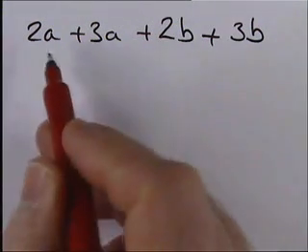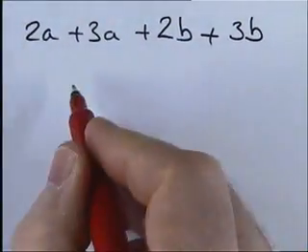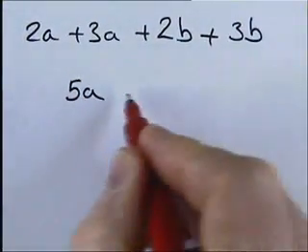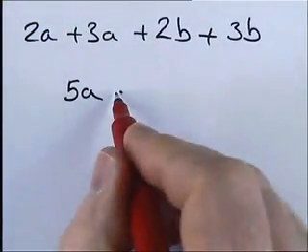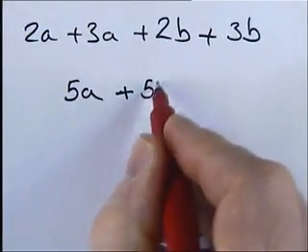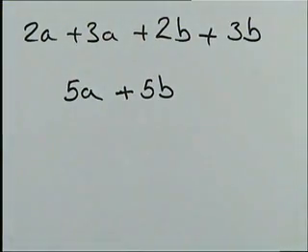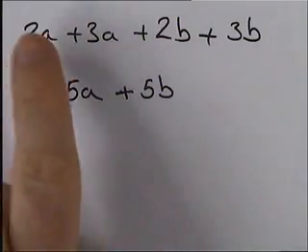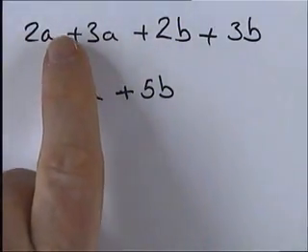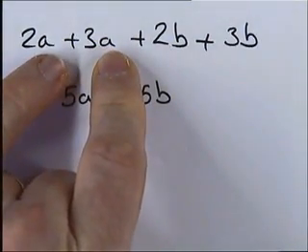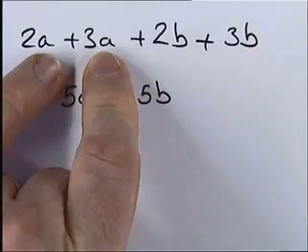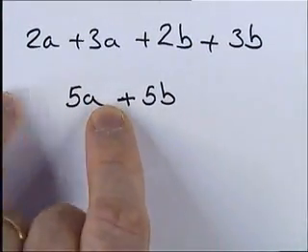Okay, well, we've got 2 lots of a and 3 lots of a, which is 5 lots of a, and we've got 2 lots of b and 3 lots of b, which is plus 5 lots of b. Now you'll hear a lot of people saying collect like terms here, and what we're saying is anything which has the same unknown in the term, so this is the unknown a and this is the unknown a, so these two have the same unknown, we're collecting them together to produce one term with that unknown.